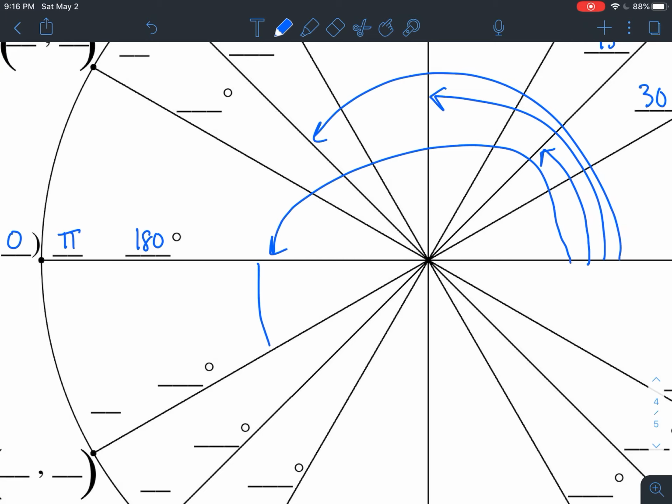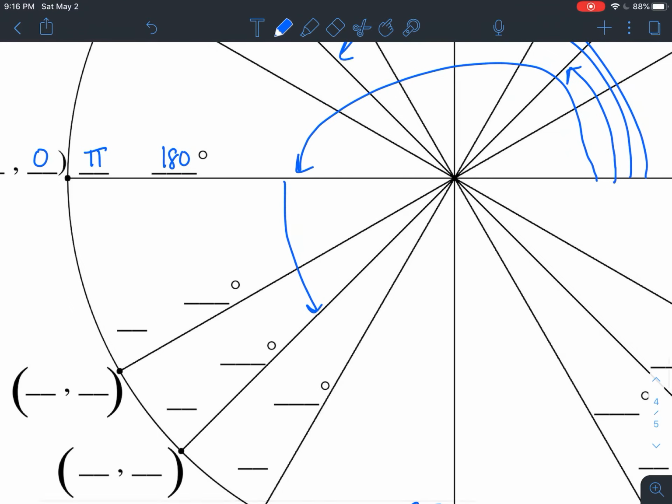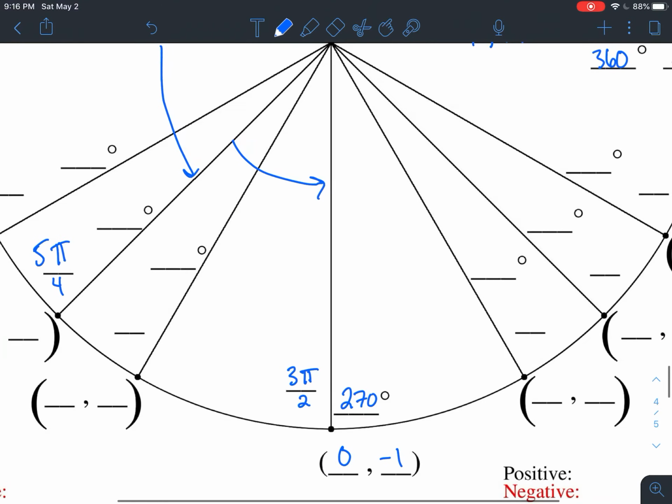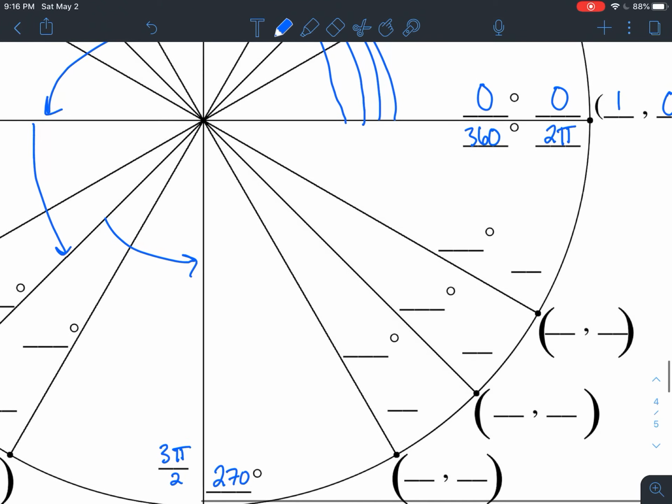If I go my next 45 degrees, I go to 5 pi over 4. And then this next 45-degree angle would be another pi over 4, so that's 6 pi over 4, which reduces to 3 pi over 2.